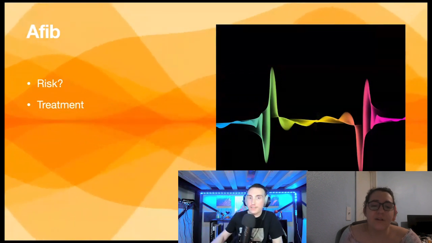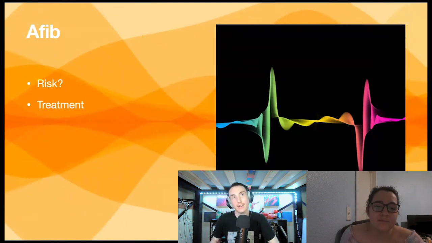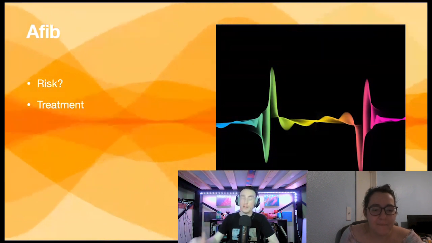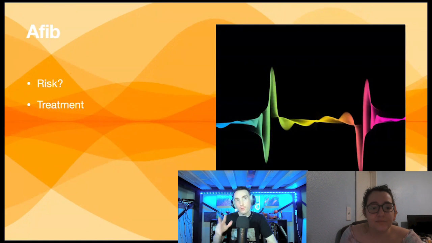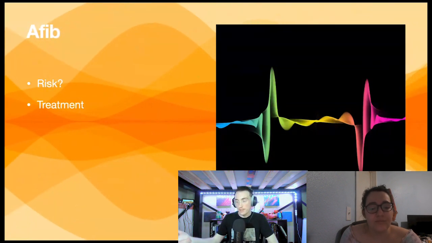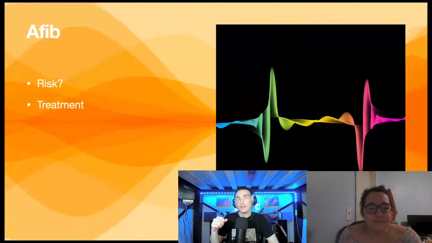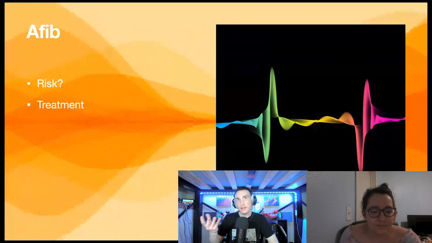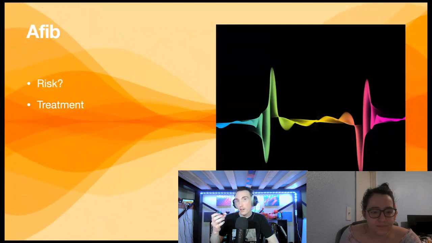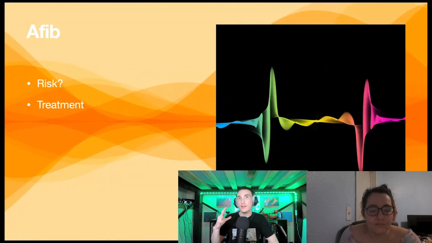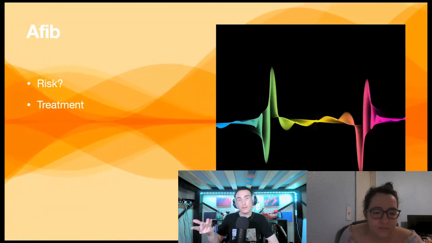It's when the electrical communication of your heart isn't really working that well, so it leads to irregularities in the normal rhythm of your heart. That can kind of lead to quivering of your heart, because the electricity is still going through, but it's happening too frequently.